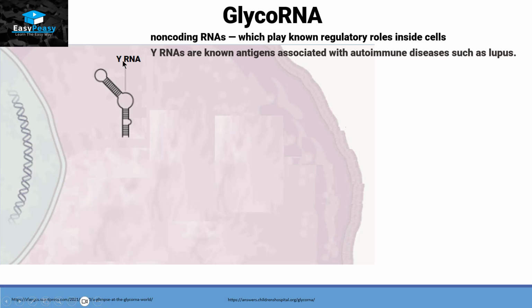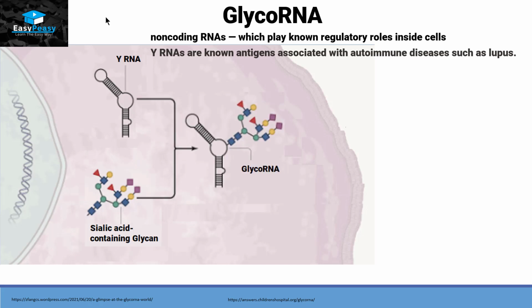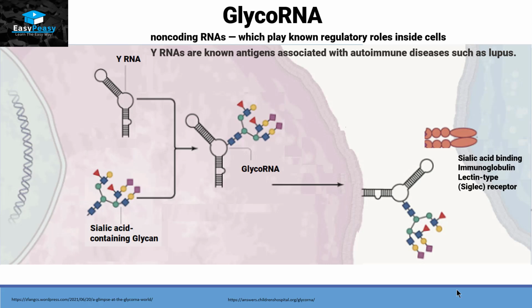Inside the cell, this yRNA was attached to a glycan that has sialic acid in it. When these two biomolecules attach to each other, they come onto the surface of the cell like this and get recognized by the siglec receptor. Siglec receptors are certain receptors on immune cells that are known to bind to sialic acid.